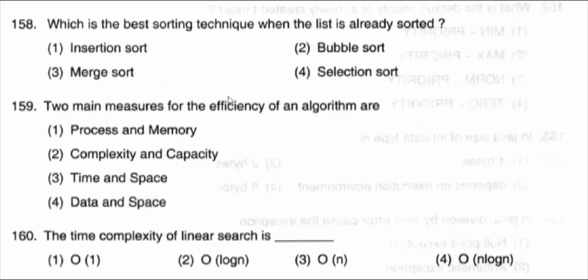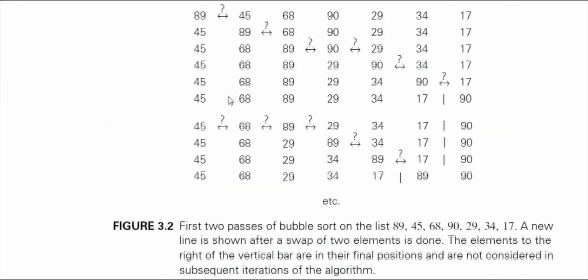The next option is bubble sort. Let's see how bubble sort works. In bubble sort, it compares the first element with its adjacent element. If it is out of order, just replace them with each other. Again the second element with the third element. If they are out of order, again replace them with each other. So just keep on repeating.